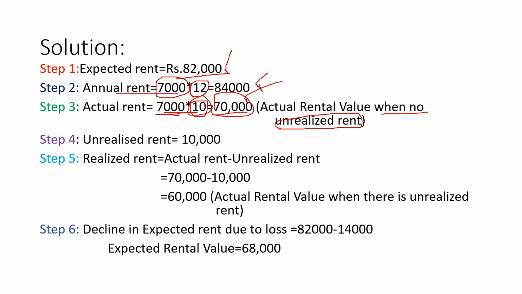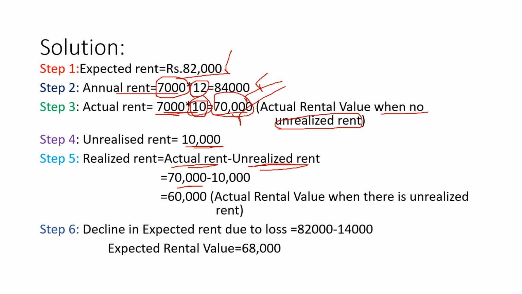Then unrealized rent 10,000. Next, realized rent: actual rent minus unrealized rent. Actual rent is 70,000 as we have calculated earlier. This is actual rent 70,000 minus unrealized rent 10,000. In the question we have already seen that 10,000 is the unrealized rent.